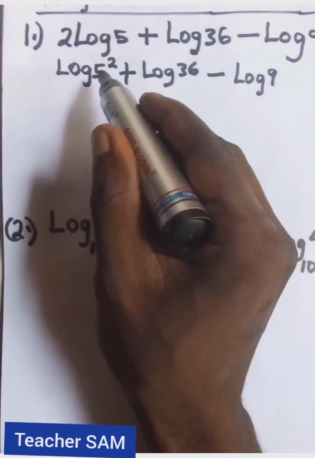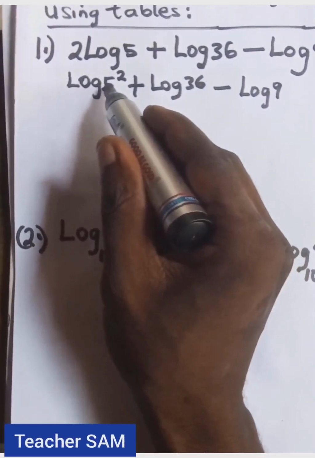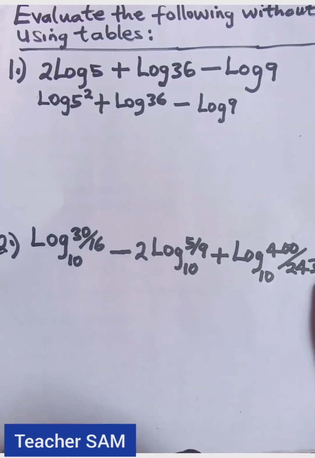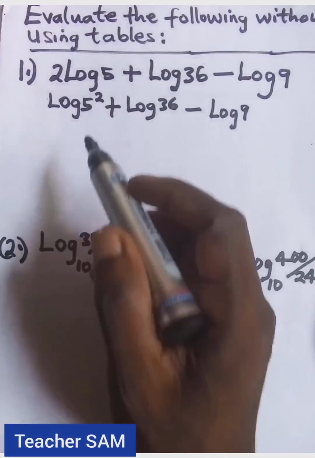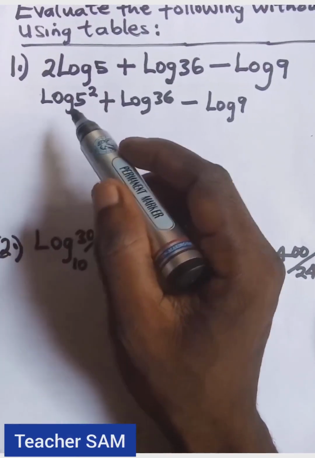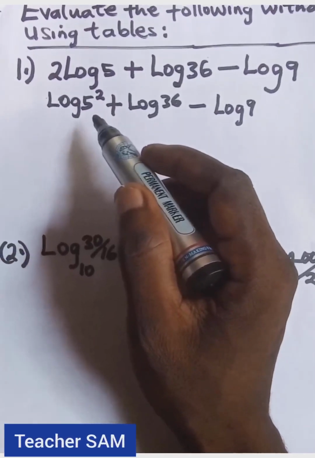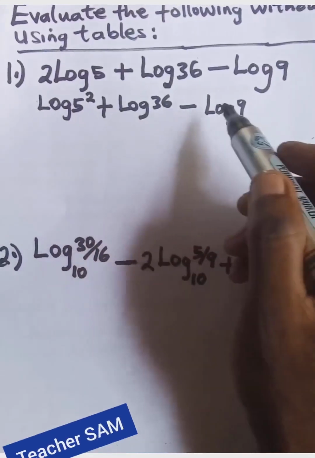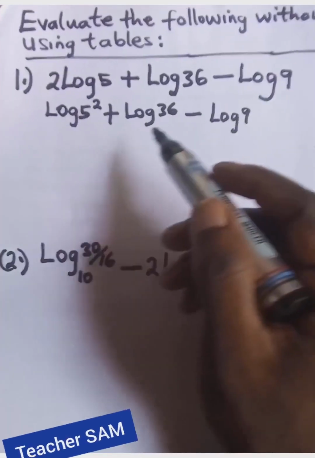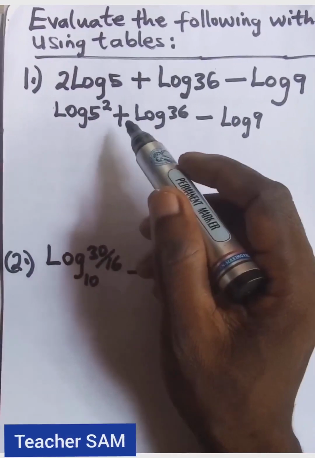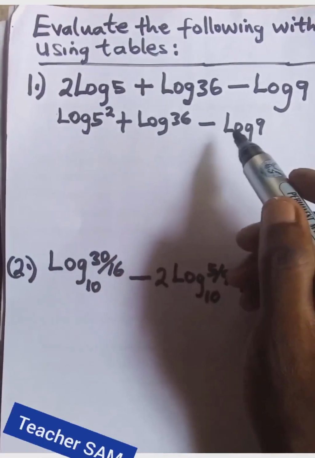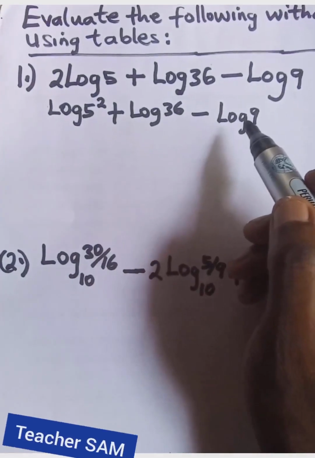Now you know that log 5, okay, we already know that this is 5 raised to the power 2, which is 25, and this is 36, and this is 9. Now, from the laws of logarithm, we know that whenever there is plus, it means we are going to multiply the logs, and when we have minus, we will divide the logs.